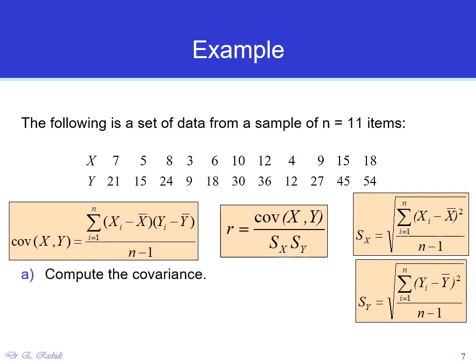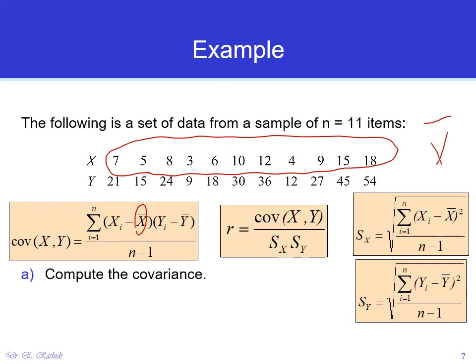So let's find the covariance between x and y. To find the covariance, first you need to find x bar, which means you have to find the average of these, x bar. And also you have to find y bar, the average of these values.